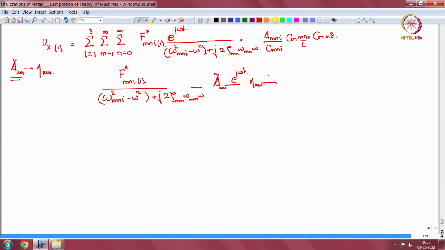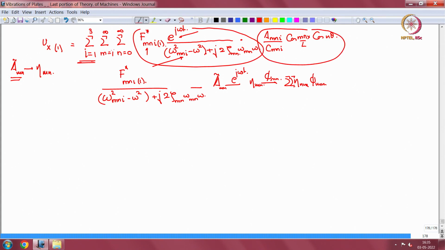Then eta mn multiplied by the corresponding mode shape, and then I have to sum it up over mn. Here I is extra because I could have 3 different sets in the 3 different directions. So this is fmn, this with this makes it gamma, with this makes it eta, eta multiplied by the mode shape and then summed up over i, m and n, that is ux.